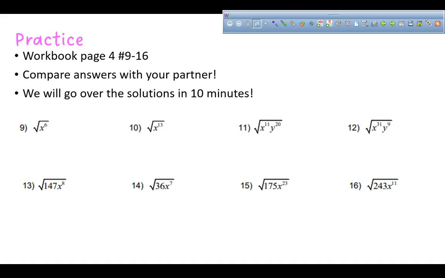Tomorrow we're going to do it a little bit harder, so I want to make sure you're good with today. So this is page 4, numbers 9 through 16. I'm going to go over answers at like, I'd say 35-ish, so I can make sure I have enough time to post them, all right? So a little bit under 10 minutes. Feel free to work with people as needed.